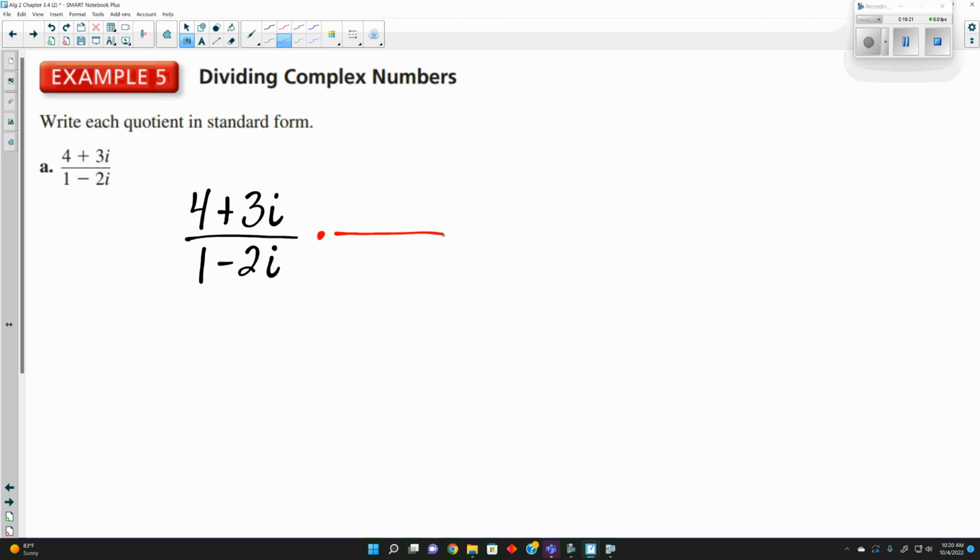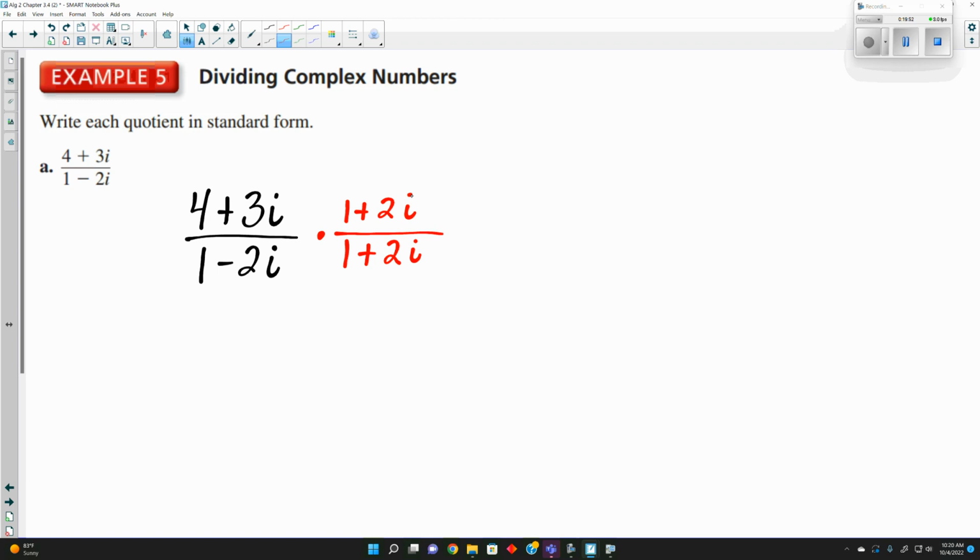Because the complex conjugate of the denominator, 1 minus 2i, when multiplied with it, will give us a number. It'll cancel out all of the i terms. So what I can multiply the denominator with is 1 plus 2i, because 1 plus 2i and 1 minus 2i will simplify all the i terms out. I'm also going to multiply the numerator with 1 plus 2i.